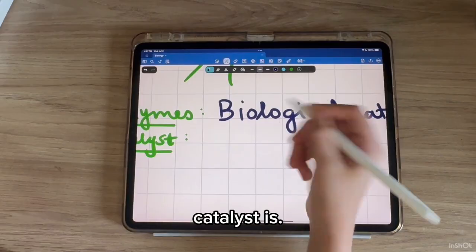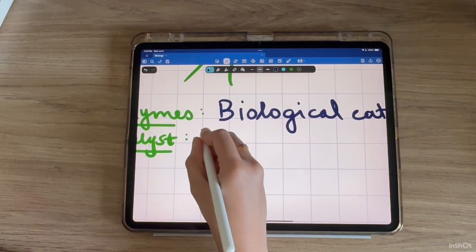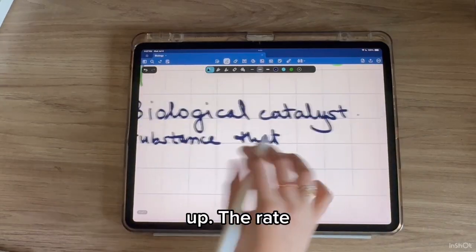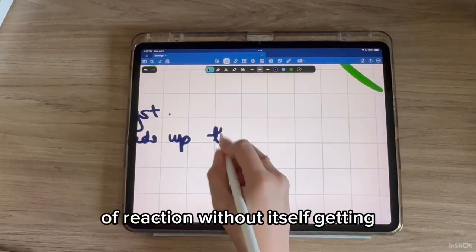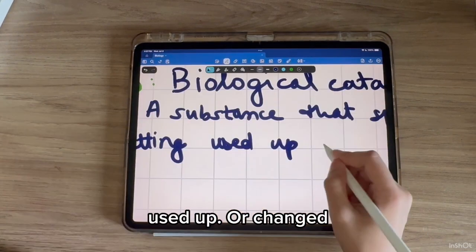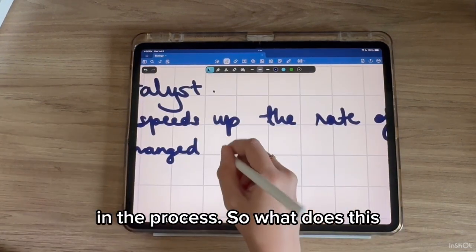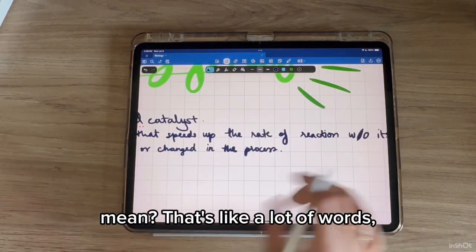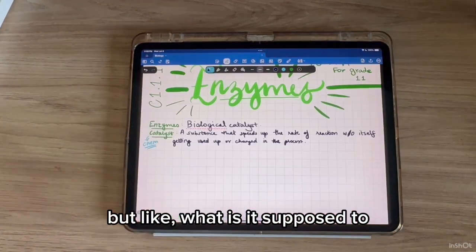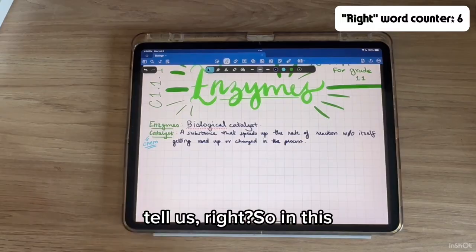A catalyst is a substance that speeds up the rate of reaction without itself getting used up or changed in the process. So what does this mean? That's a lot of words, but what is it supposed to tell us, right?